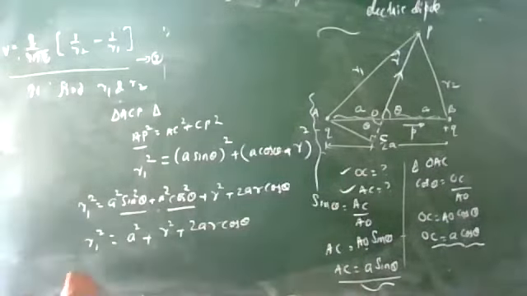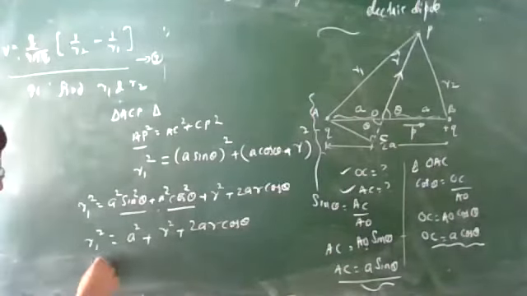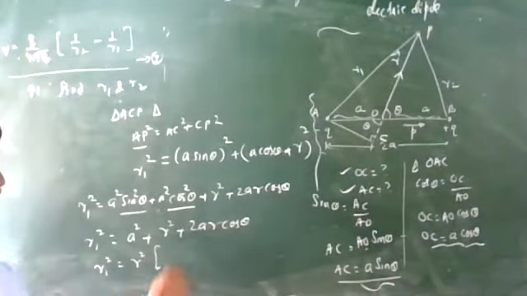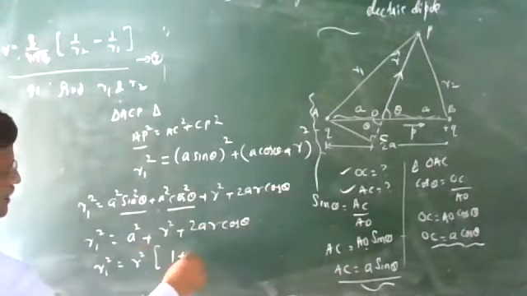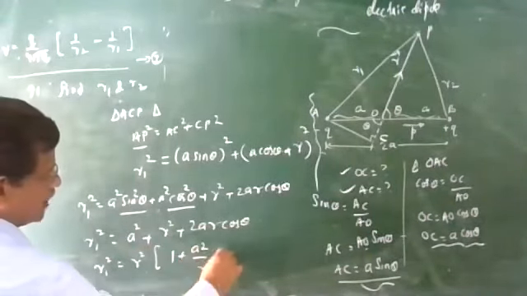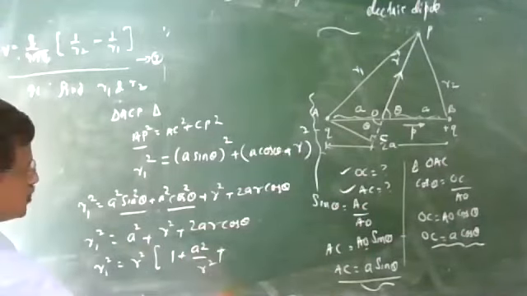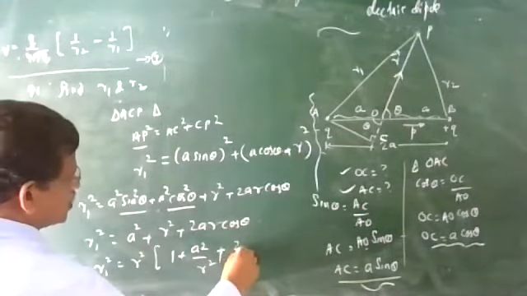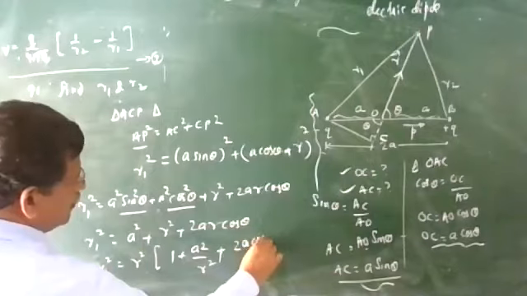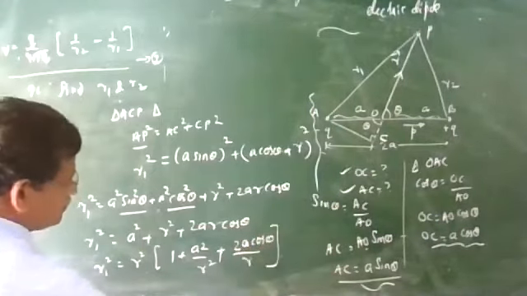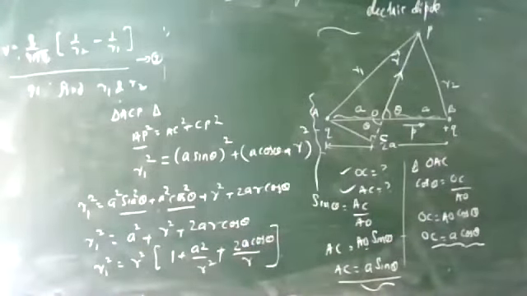R1 square is R square times 1 plus a square by R square plus 2a cos theta divided by R.